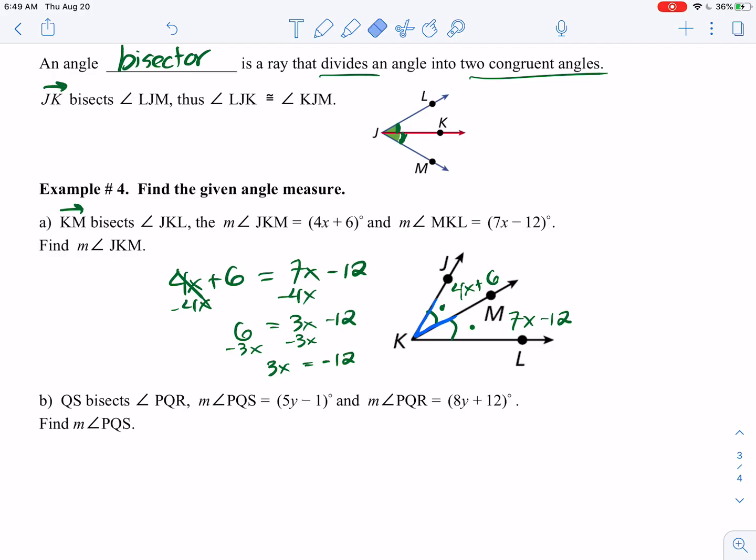I'm sorry. We have our x's on the same side. Move the 12 to the other side. 18 equals 3x. We get x equals 6. Don't forget to plug the 6 back in. 4 times 6 plus 6 gets us 30 degrees.